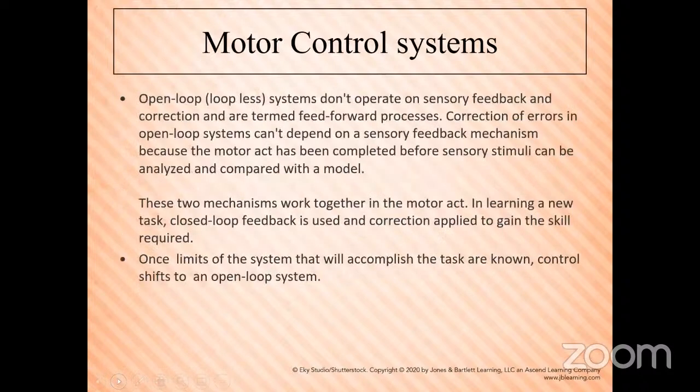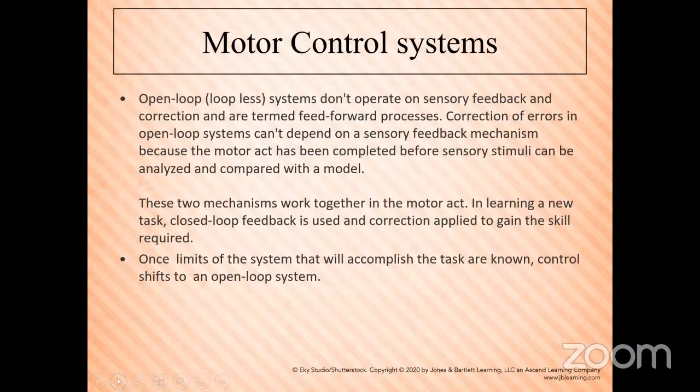Open loop systems don't operate on sensory feedback, and the corrections are done by a feed-forward process. The correction of an open loop system can't depend on a sensory feedback mechanism, because the motor act has been completed before the sensory stimuli can be analyzed and compared with a model. So how does it work then?